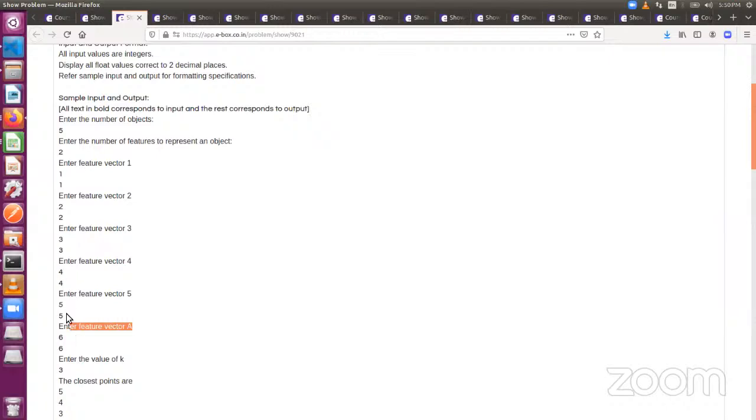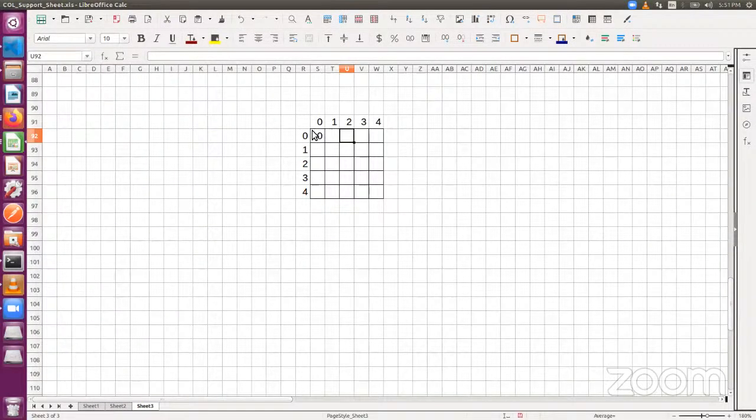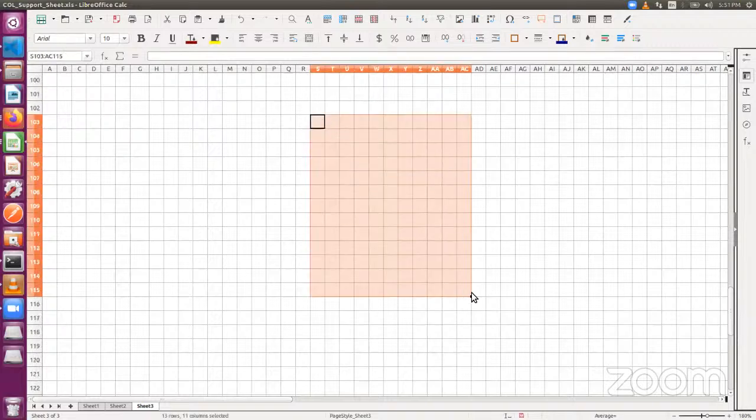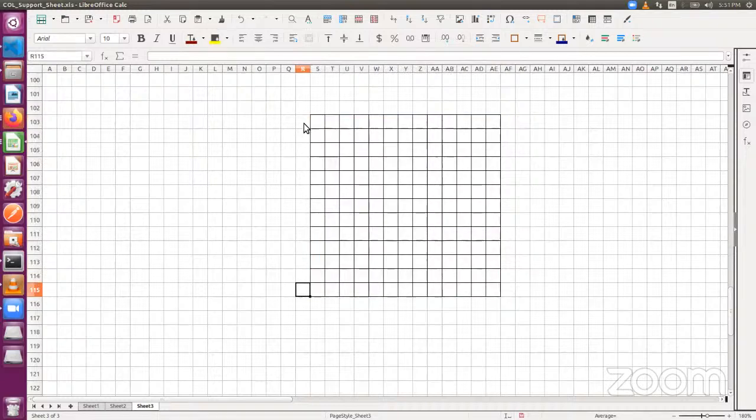Okay, so you can just imagine this in a graph: 1, 1, 2, 2, 3, 3, 4, 4, 5, 5, 6, 6. 6, 6 is the object, right? See, if you consider this, okay, as you just imagine this as a graph, and then the coordinates are like this, okay?